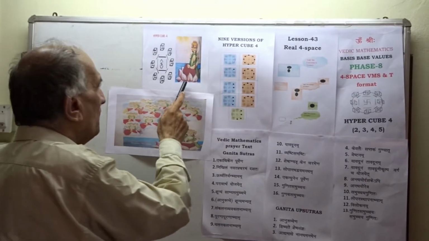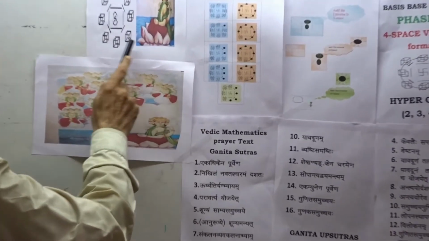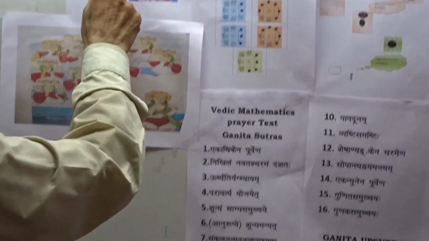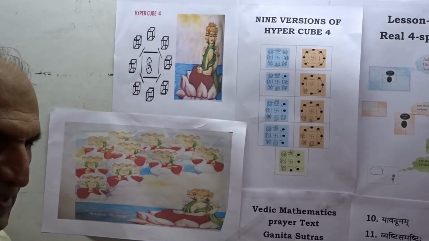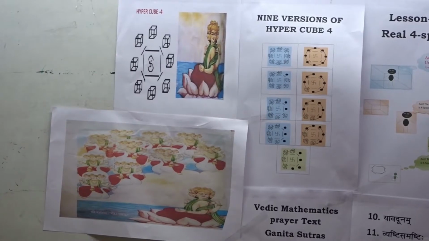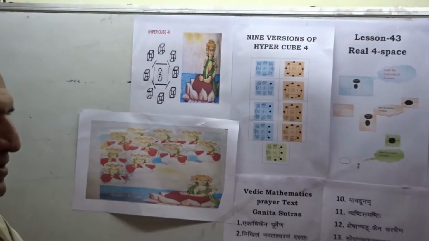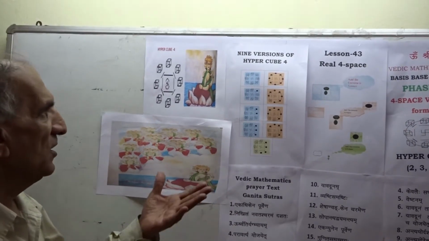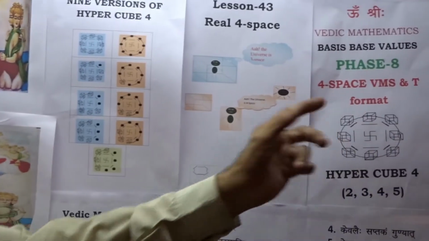The idol of Lord Brahma is of format and features parallel to hypercube 4, the representative regular body of 4 space. Therefore, from today, from this lesson, we are exposing ourselves, we are initiating ourselves for the 4 space VMST format.